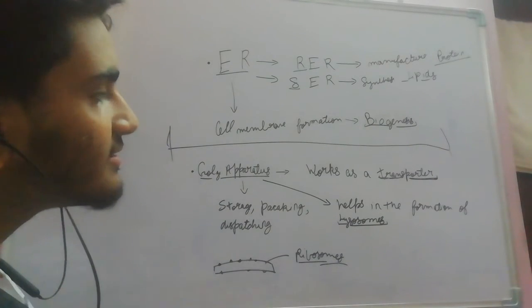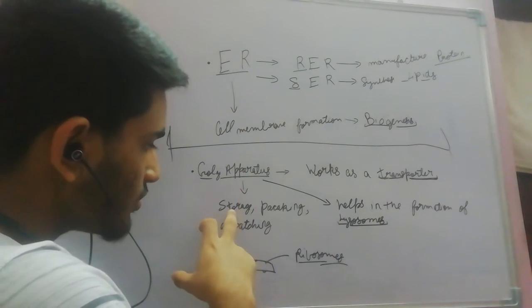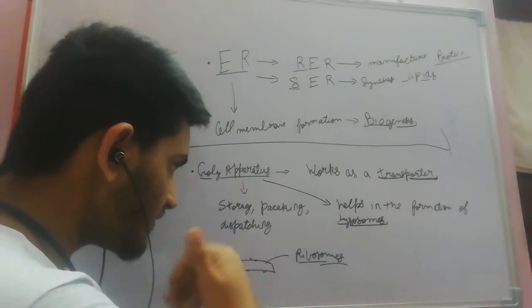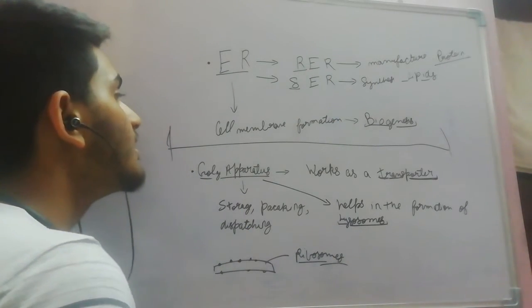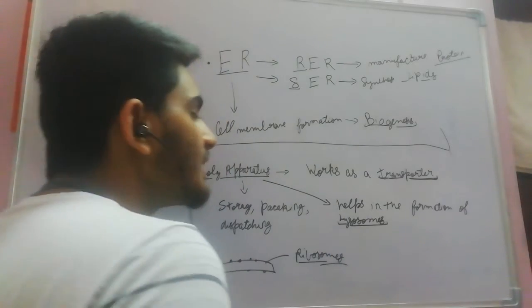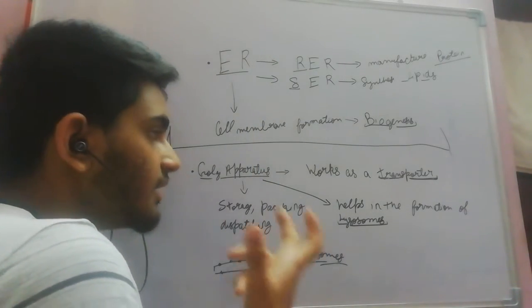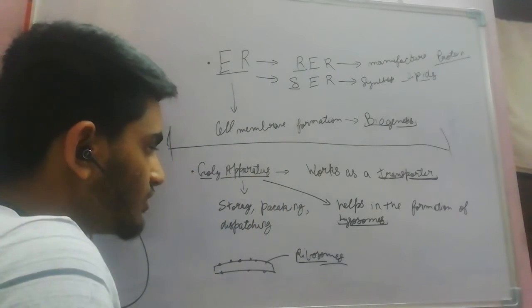So Golgi apparatus plays a role of a transporter. It stores the material, packages it, modifies it, and then dispatches the material which is produced by the ER. The ER produces some sort of materials, which then go to the Golgi apparatus.